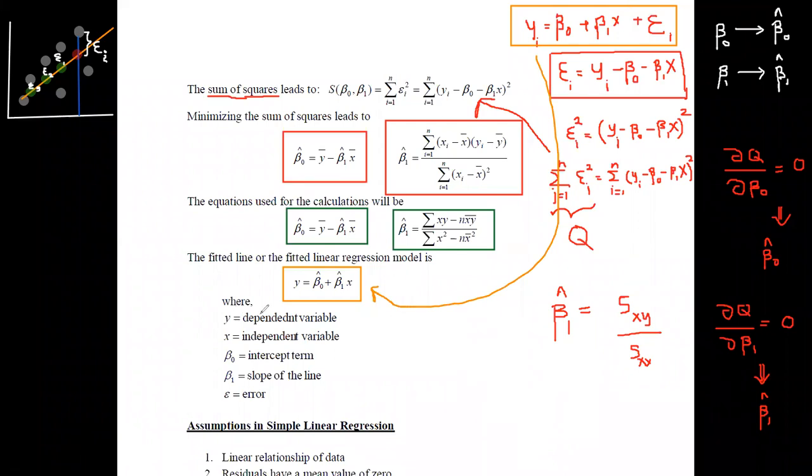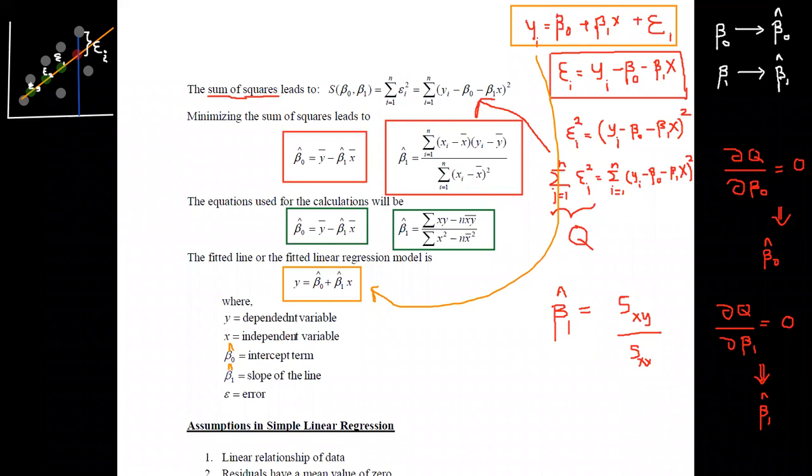Now the meanings of these terms: y is the dependent variable, x is the independent variable, beta naught hat is the estimated intercept term, beta 1 hat is the estimated slope of the line, and epsilon is the error of this regression model. This is how you estimate the regression model for a given set of data.